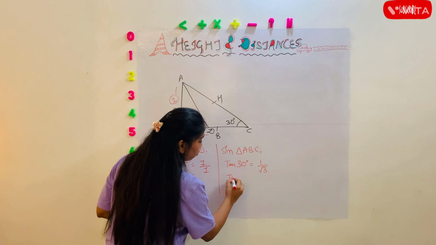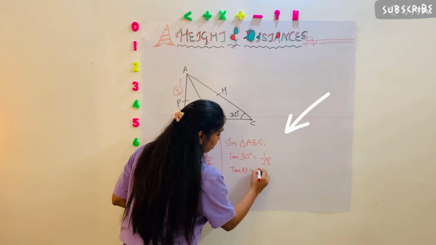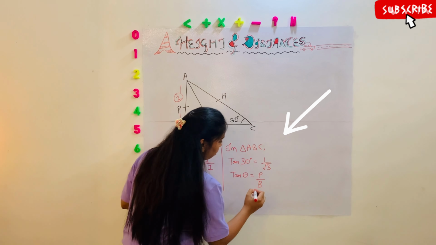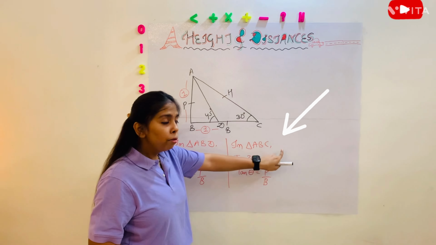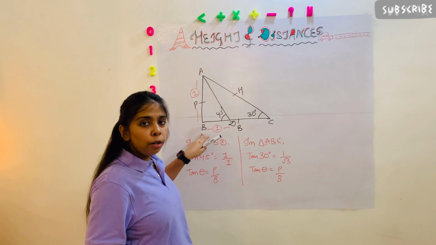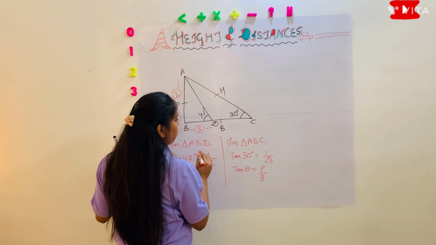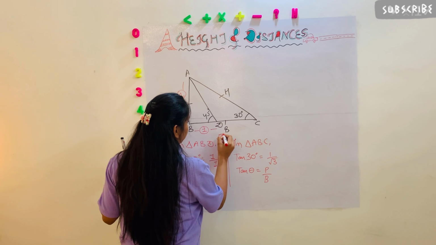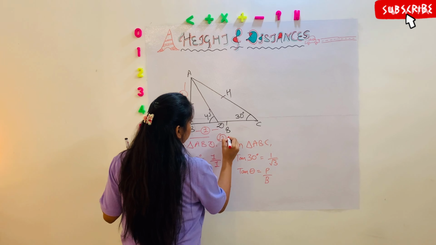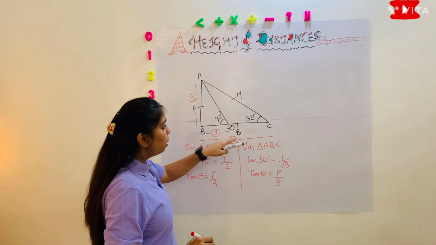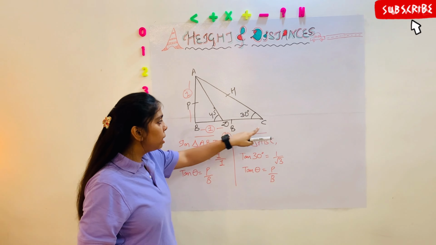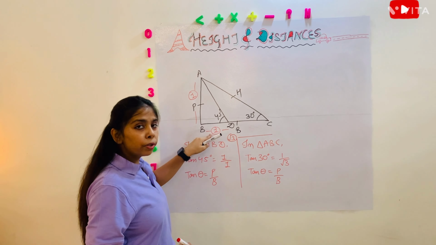And tan theta is equal to perpendicular by base. Okay. So the value of the perpendicular is 1, so the value of BC is under root 3, because this is the base. This is under root 3. And if we have to find out the value of BC, so this is under root 3 minus 1.